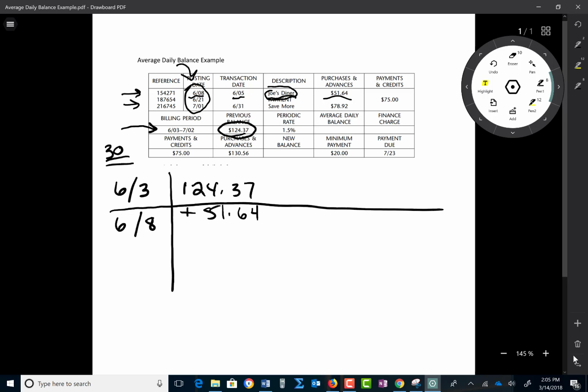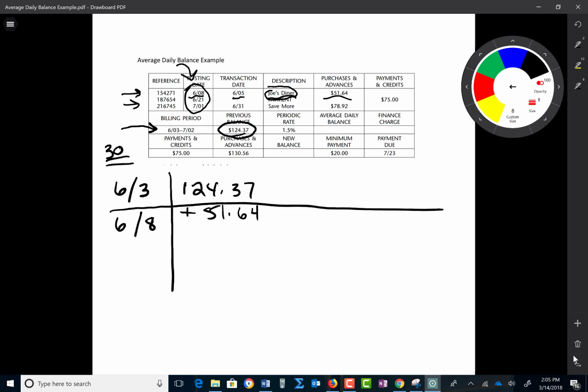So right now, let's just change the color of this pen so that we can see what's happening. I have $124.37 on my credit card, and I just added $51.64. So now I owe $176.01. That is my balance right now.